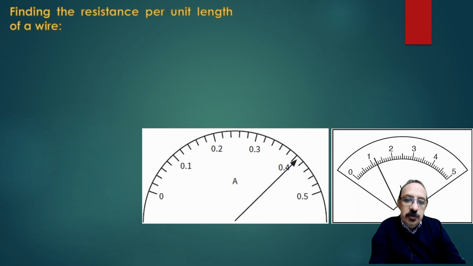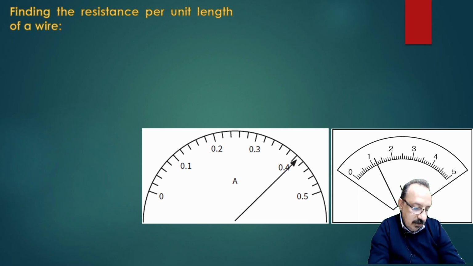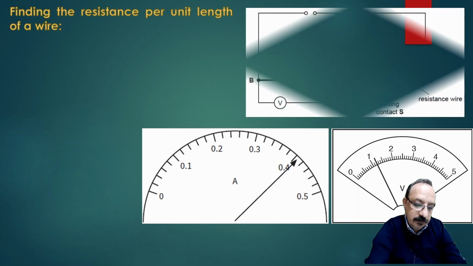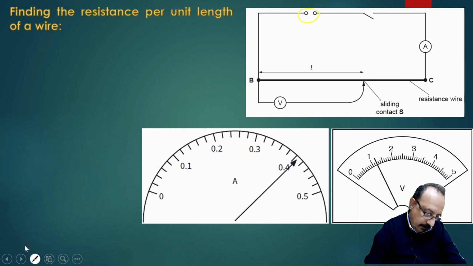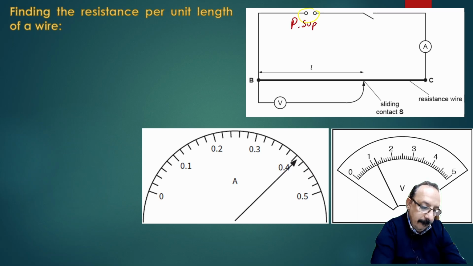This time, your tutor did ask you to calculate the resistance per unit length of a wire, and he proposed this circuit where we have a power supply, an ammeter, a voltmeter, and a piece of wire.